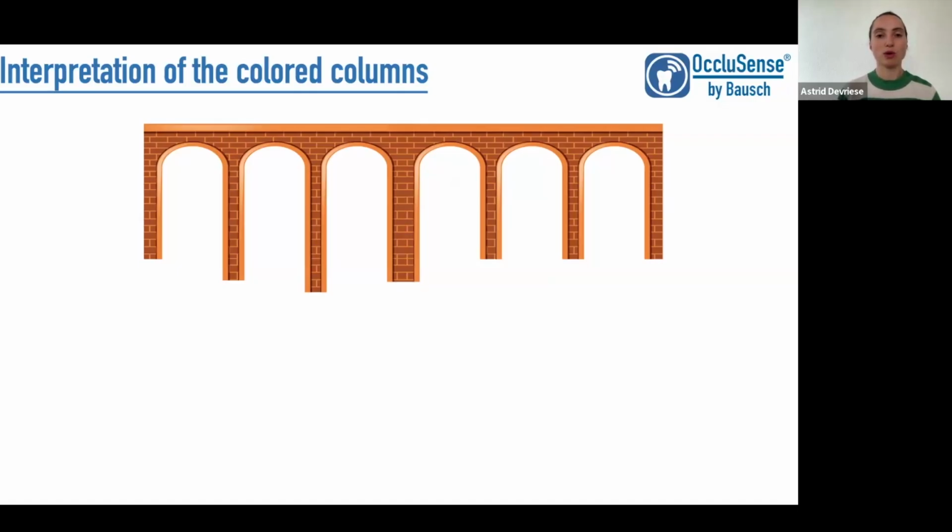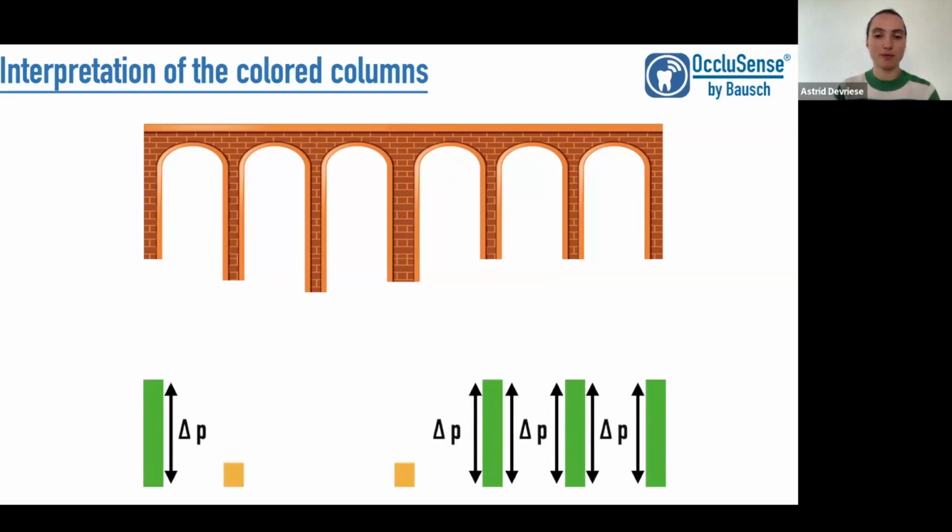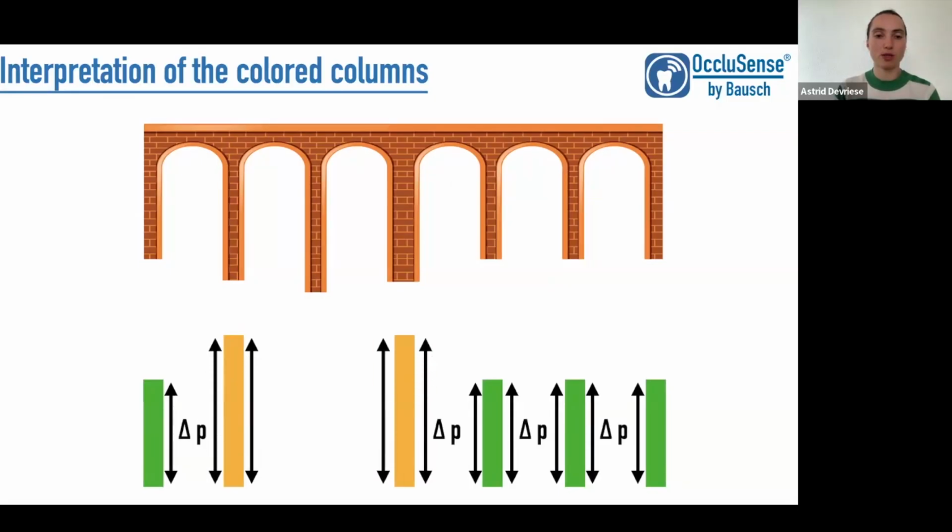Then the two pillars on the side of this first contact would be orange, and the other ones would be green, because there would be the lowest pressure on them, I would say. And that's how it's indicated here also. So this is how you can interpret it.